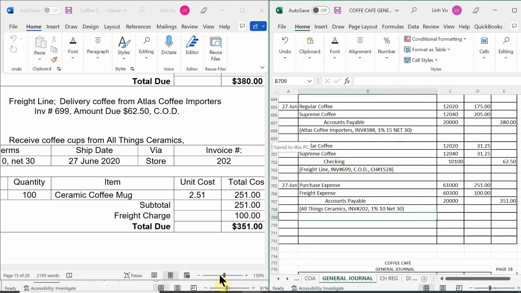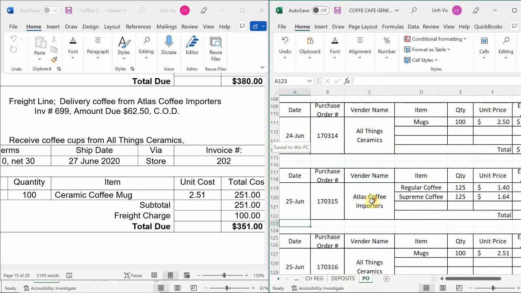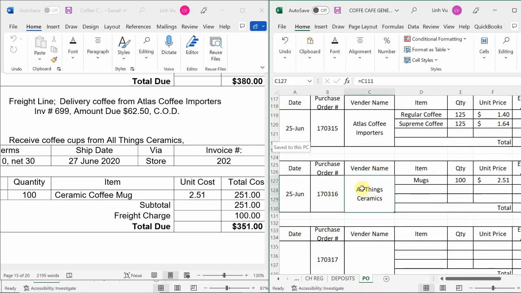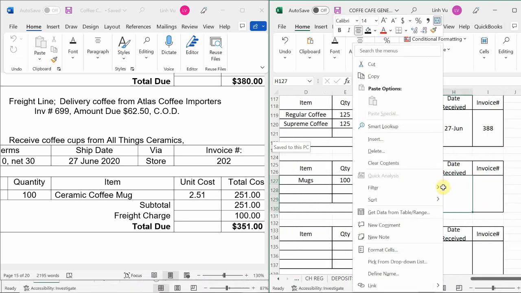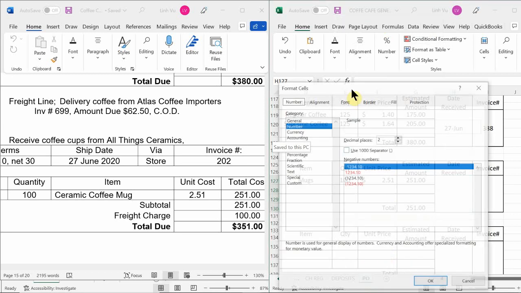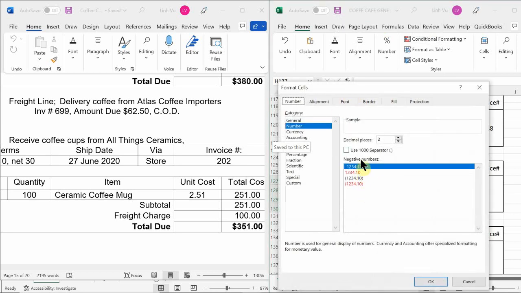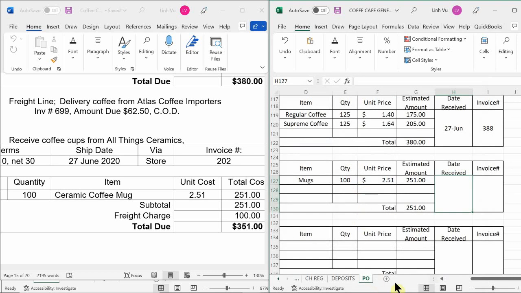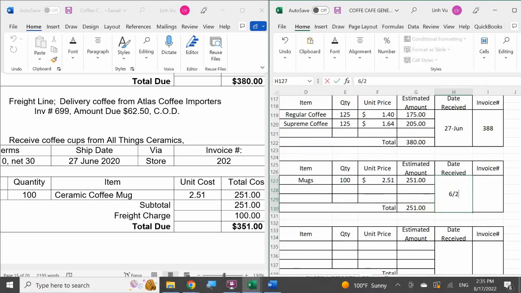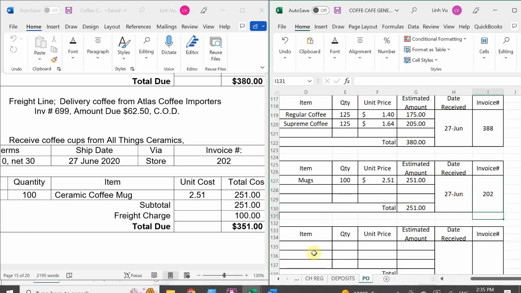So my purchase orders. Yes, I have finally received my 100 coffee mugs. Okay, invoice number 202.